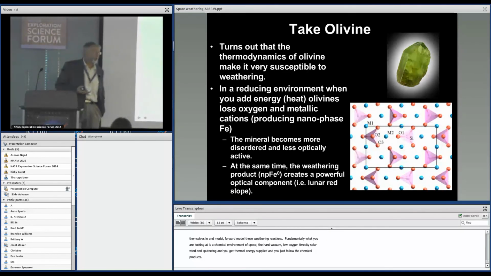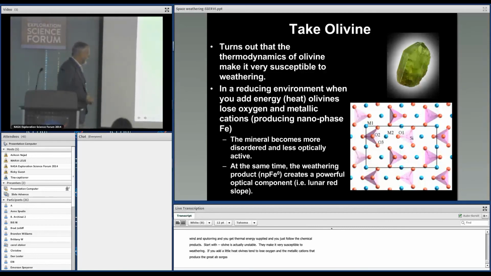with olivine. Turns out that olivine is actually fairly unstable. The thermodynamics of olivine make it very susceptible to weathering. In a reducing environment, if you add a little bit of heat, olivines tend to lose oxygen and their metallic cations. What's interesting is it's the metallic cations in the M2 and M1 sites that actually produce the great absorptions that we see remotely in olivine.